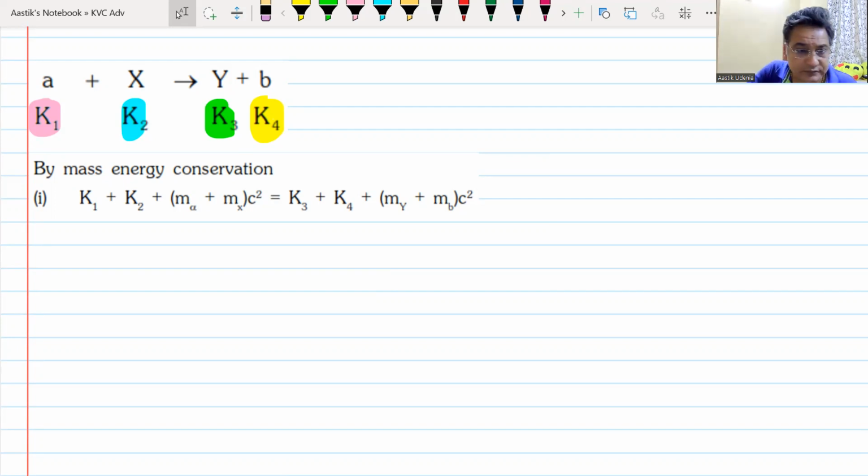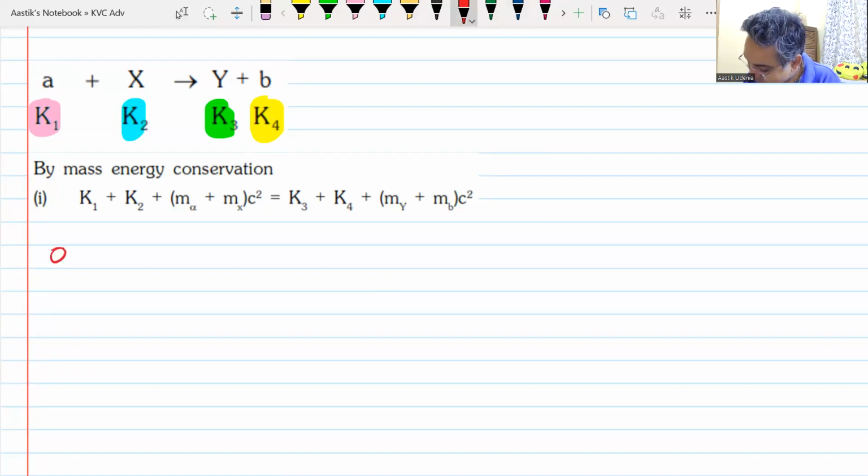Now, if I can write a term Q, I can write the term Q like this.